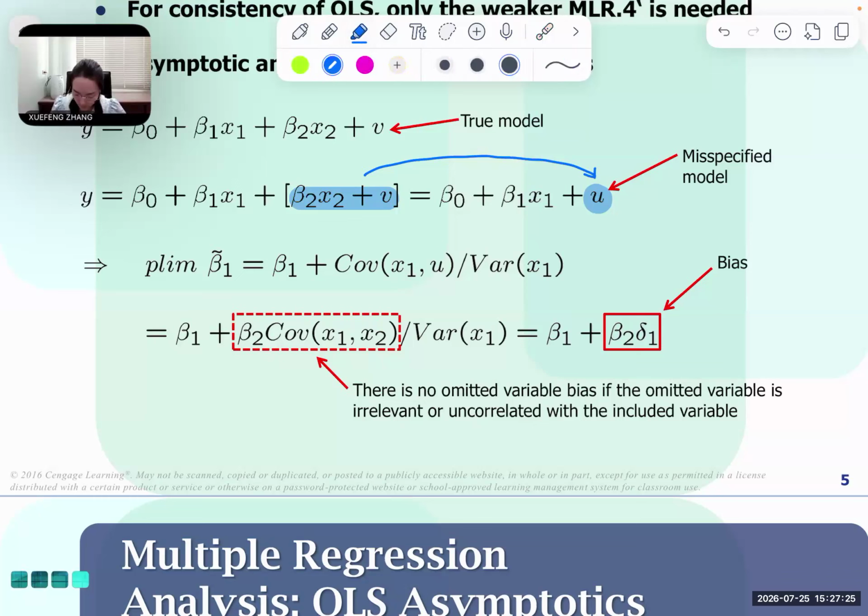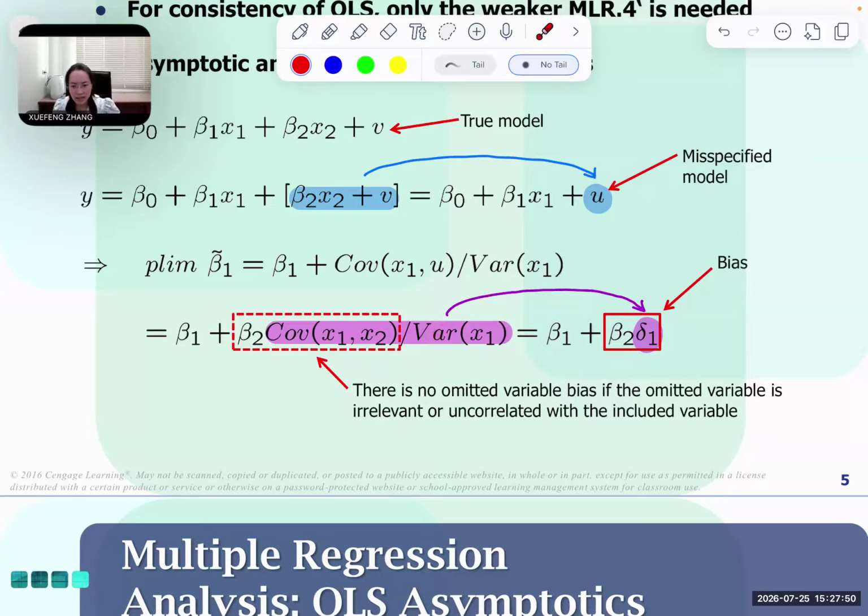Let me help you. This blue part is delta 1. Delta 1 equals covariance of x1, x2 over variance of x1.